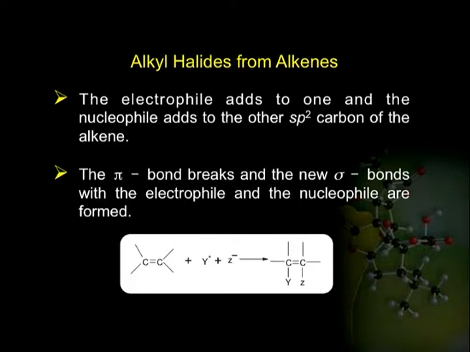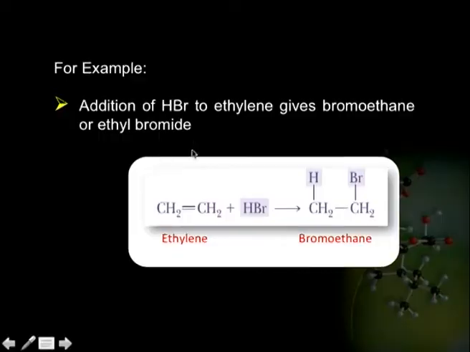So, in the first step the pi bond breaks and new sigma bonds with the electrophile and the nucleophile are formed. So, both the ions are attached to the alkene and we get the formation of alkyl halide. An example of addition of HBr to ethylene to give bromoethane or ethyl bromide can be seen here.